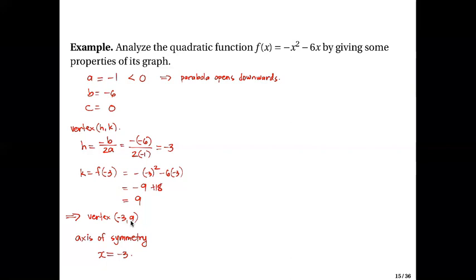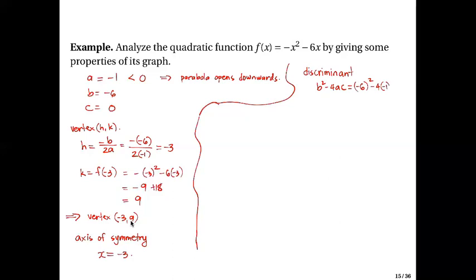Let's calculate the discriminant. The discriminant is, again, your b squared minus 4ac. So b squared minus 4ac is simply negative 6 squared minus 4 times negative 1 times 0.